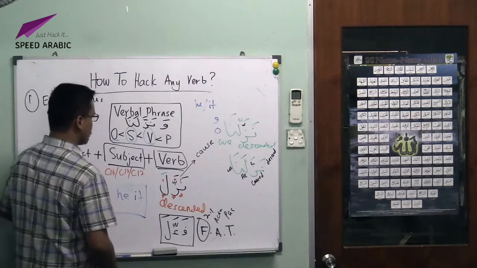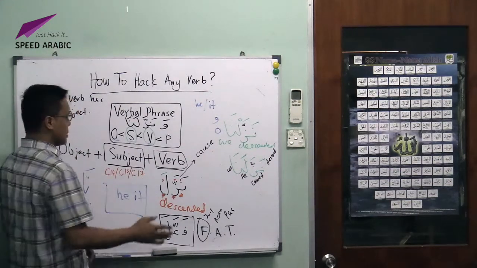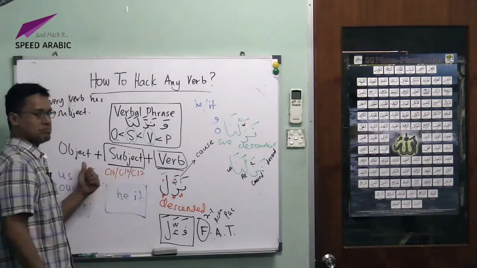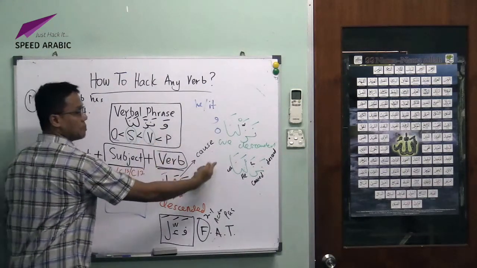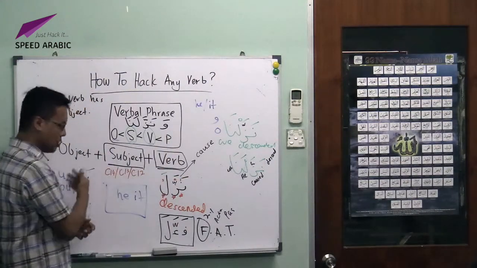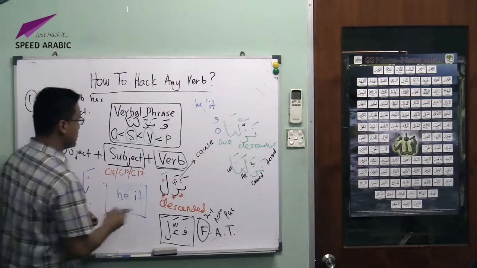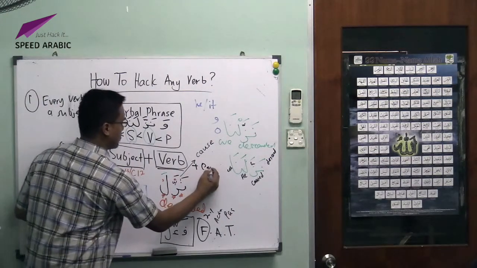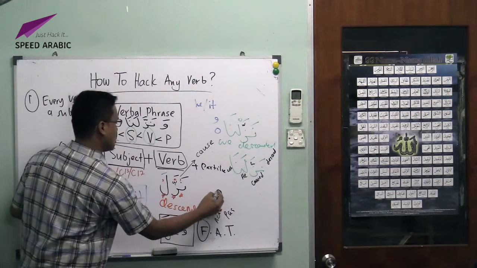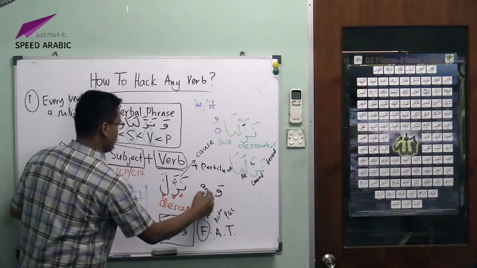So sometimes the verb plus subject does not just have an object, it also has a particle in front. Sometimes it just has the particle and without the object. So we'll just write particle here and we'll write the meaning, the wa, the meaning is n.